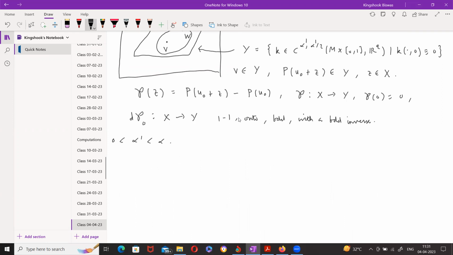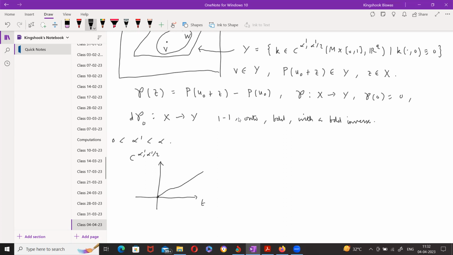Yeah, so if this is C alpha prime by 2, then V at time 0 is 0, right?